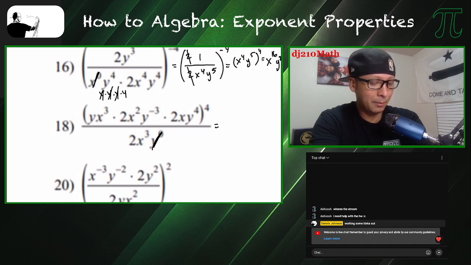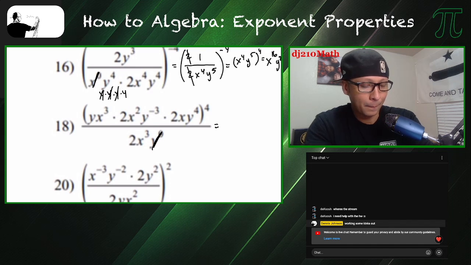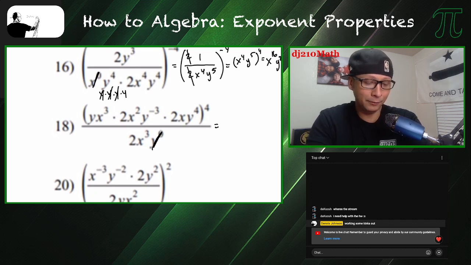So basically this is going to be 1 minus 3 plus 4. Well, 1 plus negative 3, which is essentially minus 3, and then plus 4. So 1 plus 4 is 5. 5 minus 3 is 2, positive 2. So in the numerator, we're going to have y to the positive 2. And then 2 times 2, 4.